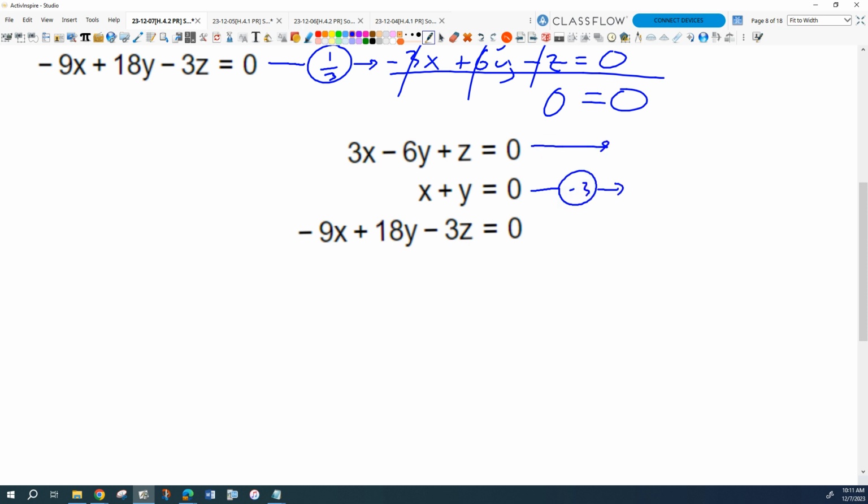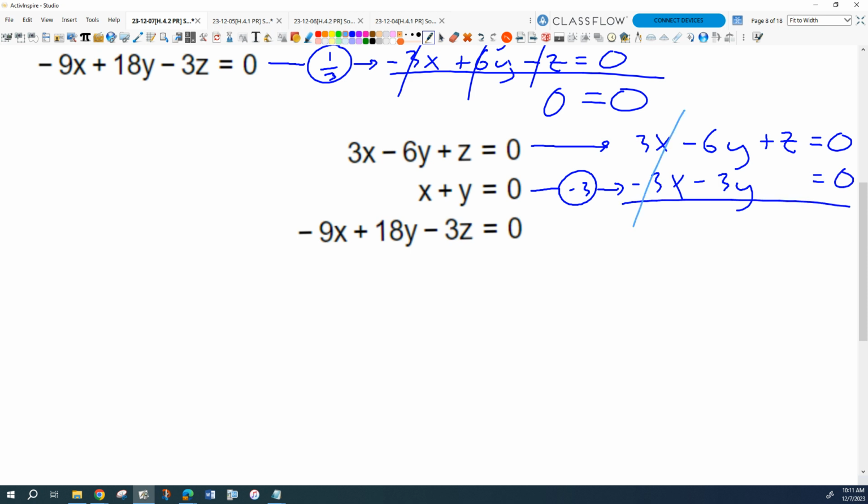This one we'll leave the same. If we add those up, the x's cancel, and we get the equation negative 9y plus z equals 0. Okay, now what?